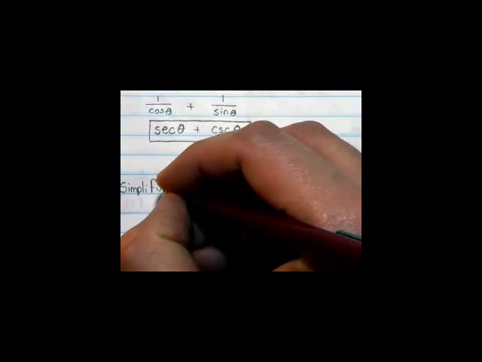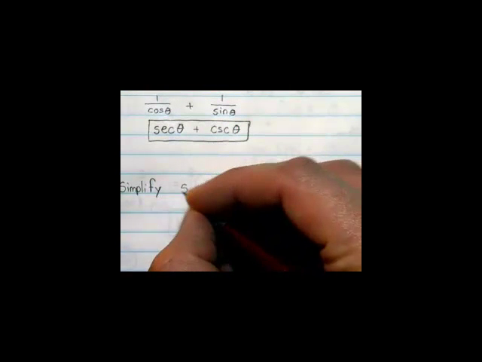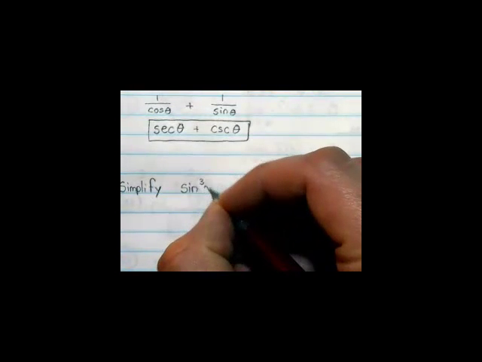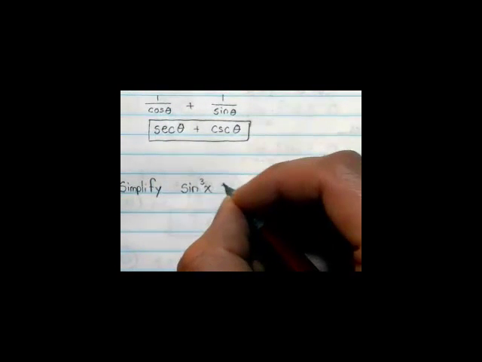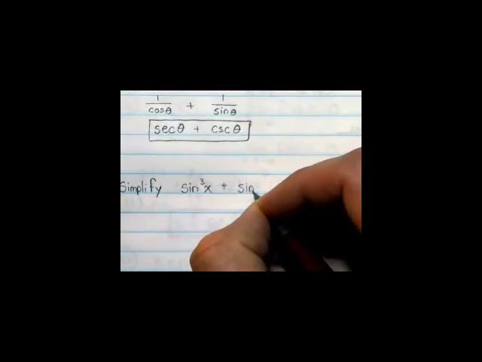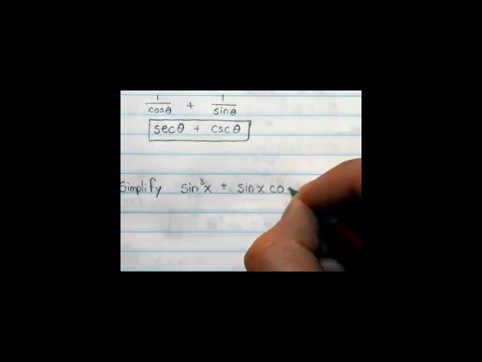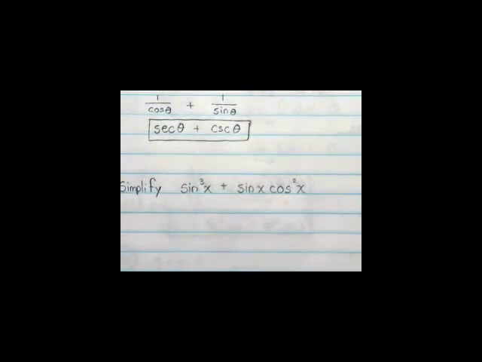All right, so here's where we're going to start today. We're going to simplify this expression. Yesterday I talked about how it's always a good strategy to try and write an expression all in terms of sines and cosines, if possible.